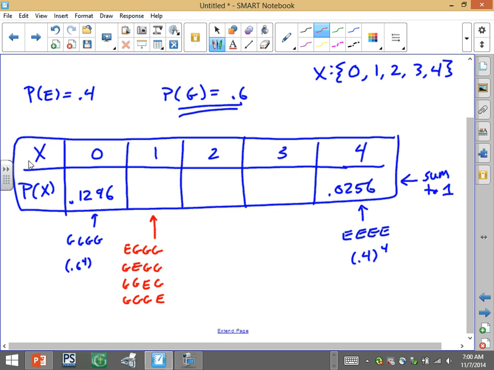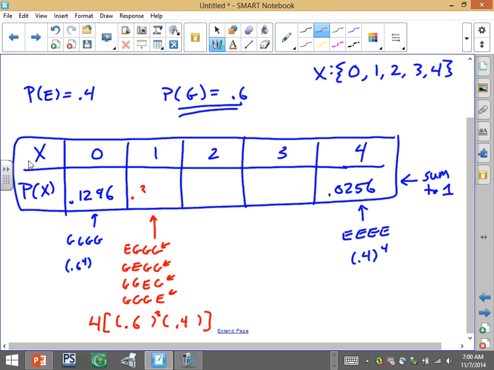So there are 4 ways to get one electric customer. This is a little bit different than we saw with our coin flipping because it's no longer a 50-50 shot. In fact, we have a 0.6 chance of getting a gas and a 0.4 of getting electric, but in each one of these scenarios there are 3 G's. So we'll take that 0.6, raise it to the third, multiply times 0.4, and then there are 4 of those scenarios.